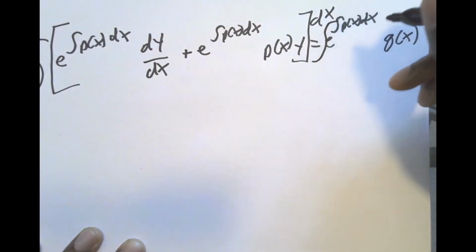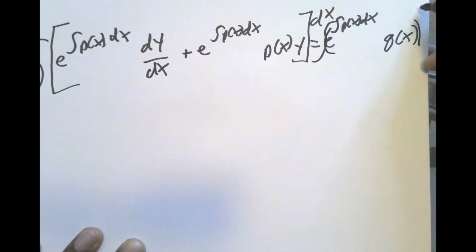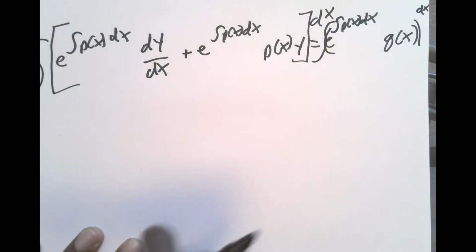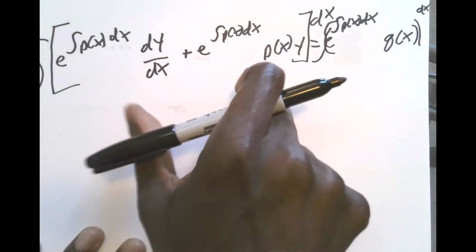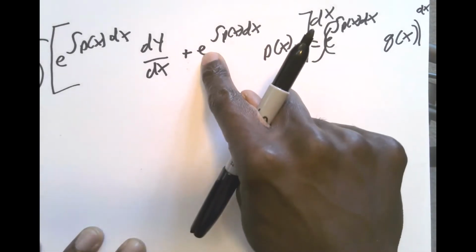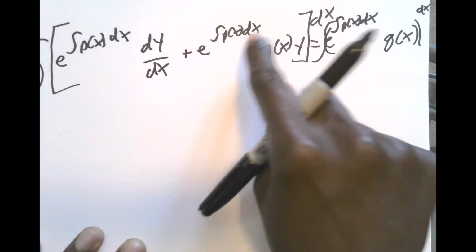And now, again, please remember that this was simply the derivative of y times u of x, which is e to the power of the integral of p(x) dx.